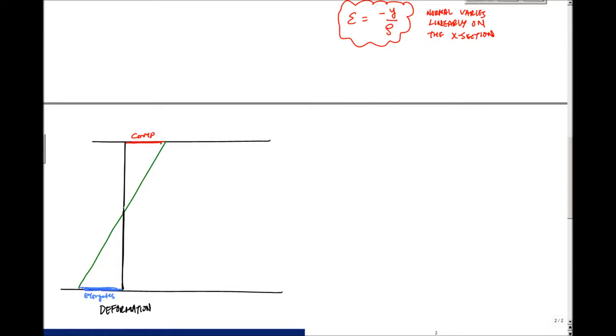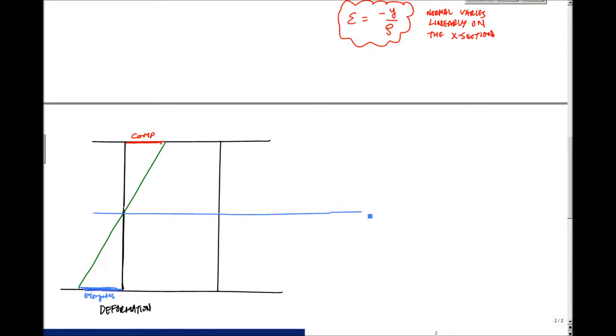And what that means, because our strain is linear also, is that if I draw another vertical line here, beyond my neutral axis, right here, this is my neutral axis, my NA.